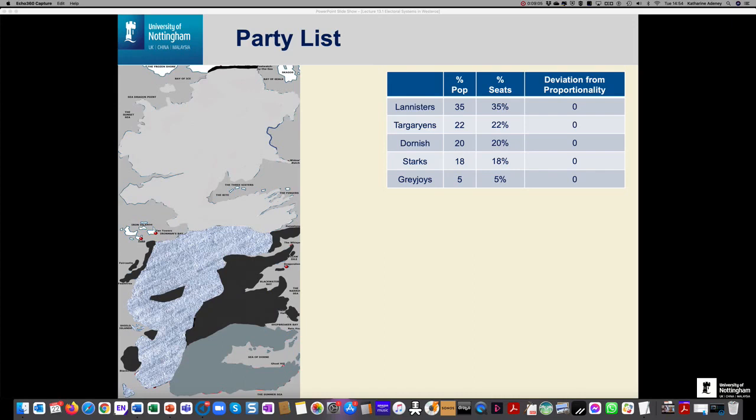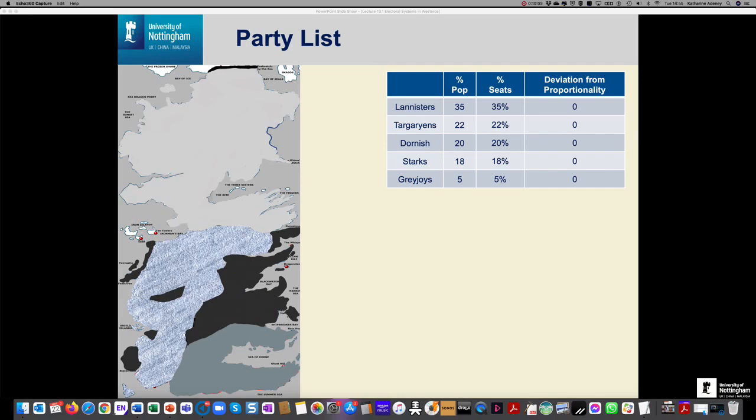It's important to note that you have two different types of party list system. The first one is an open party list, where you can vote not just for the party, but you can also express a preference between who comes higher up the list that the party has nominated. So you might not fancy Sansa Stark being at the top of that list, and you might want to vote for Brandon Stark instead, or any other member on the Stark list lower down.